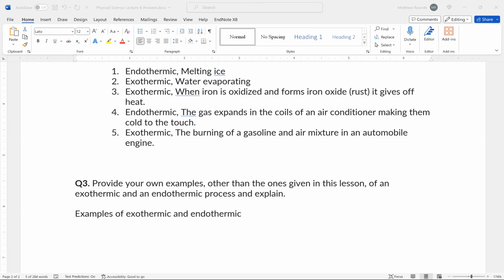Right here, two more examples. Take a look here.